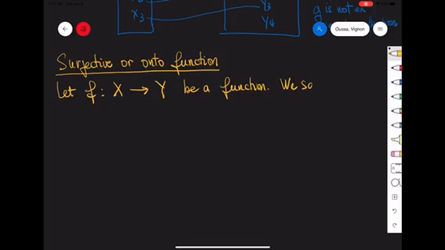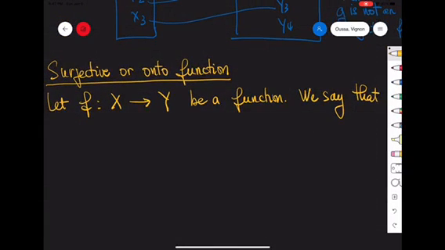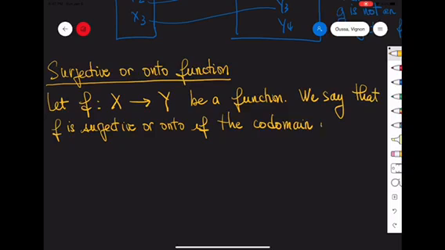We say that f is surjective, or onto, if the codomain of f and its range are equal as sets.